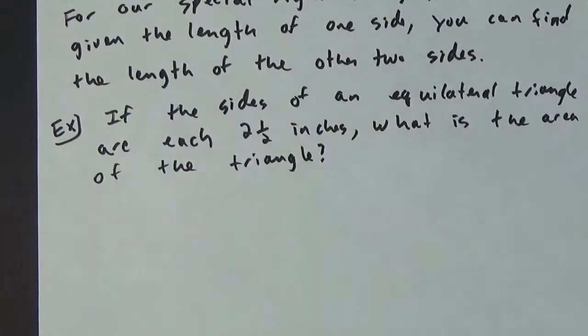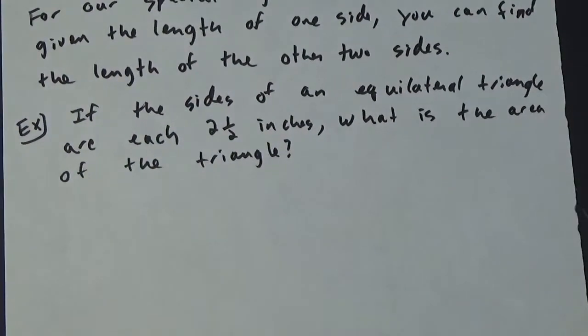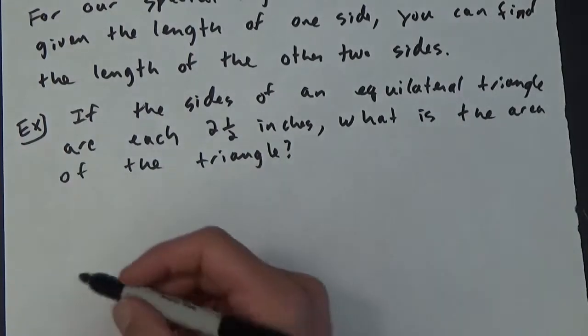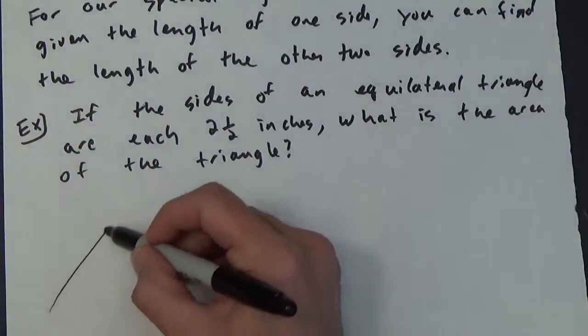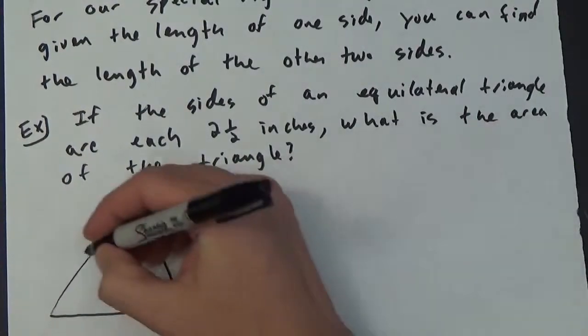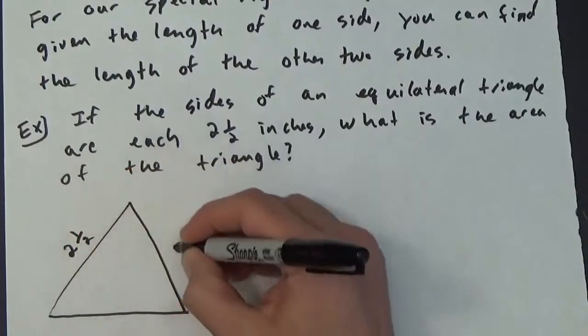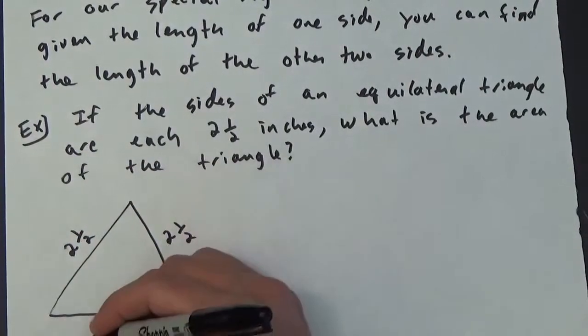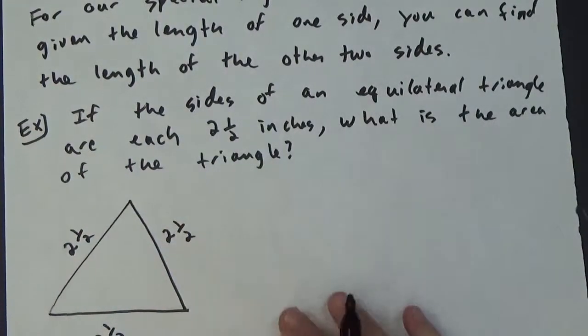Okay, so this is a good problem here. So let's go ahead and draw an equilateral triangle. And so this is 2 1/2, this is 2 1/2, and this is 2 1/2.